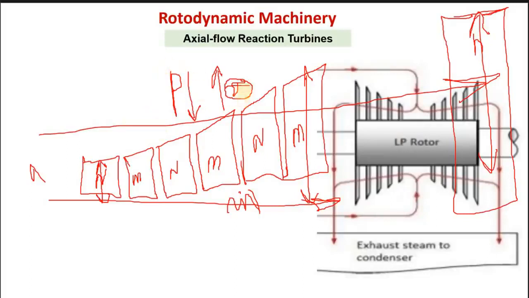But with the drop in pressure, the volume of the steam increases, and to compensate for this increased volume, the height of the blade has to be increased so that the annular flow area is increased.